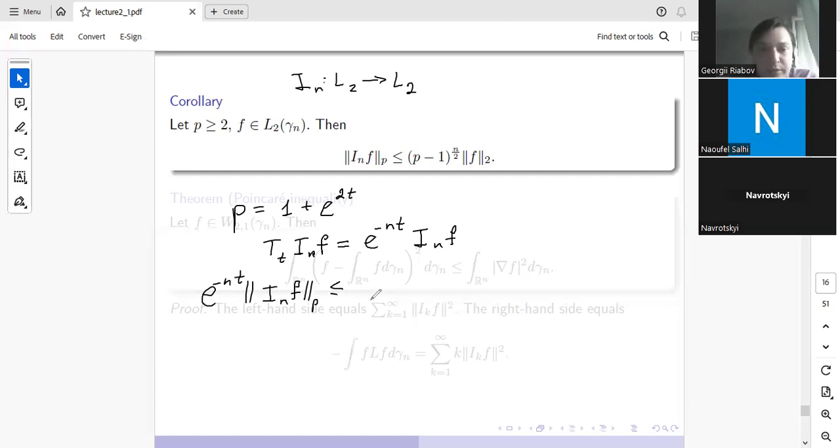Then this is less or equal than the norm of I_n f in L2, and this is less or equal than the norm of f in L2. So it remains to multiply by this exponent and write it as follows.